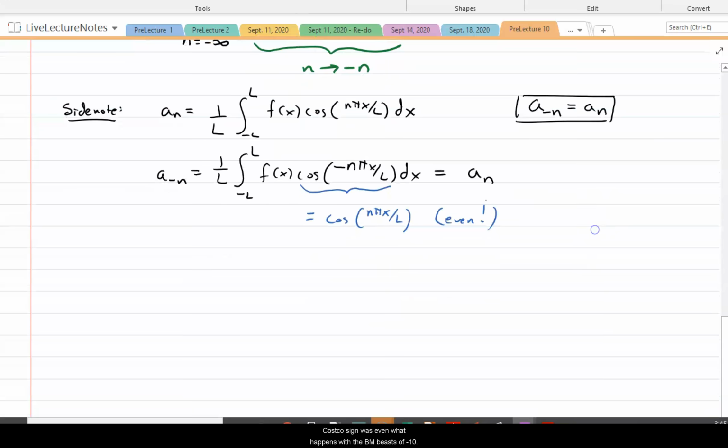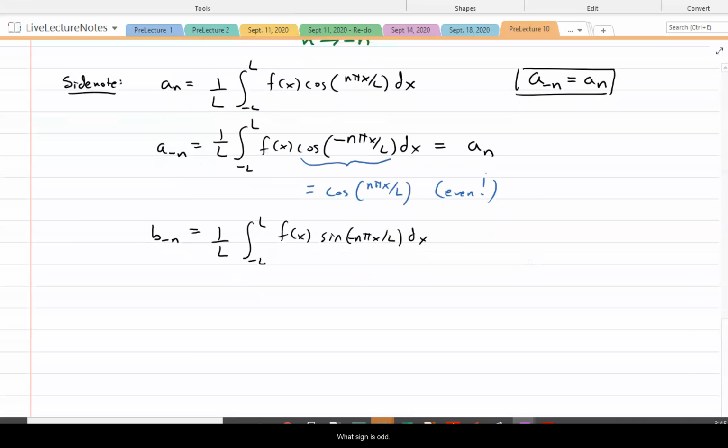What happens with b sub minus n? It's 1 over L, integral from minus L to L, f of x, sine of minus n pi x over L, dx.